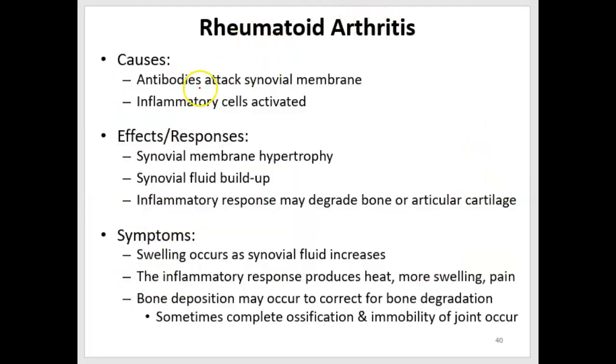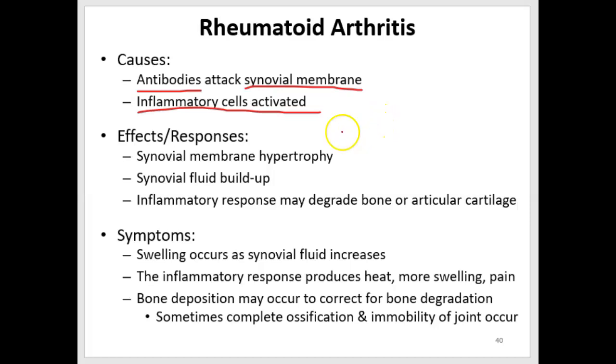Rheumatoid arthritis, as I mentioned, is caused by antibodies. So it's a self-reactive sort of thing, an autoimmune disease. They typically attack the synovial membrane. So the synovial membrane in the joint is broken down, and now inflammatory cells have access.